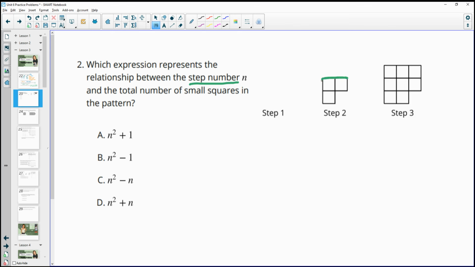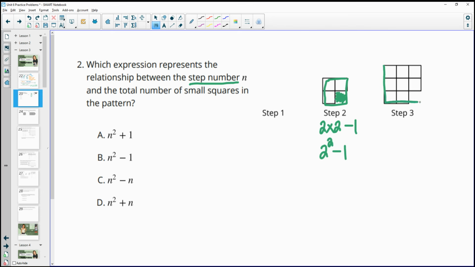But step 2, if I look at it like this, right, as a 2 by 2 square, and then we have this 1 square missing. So we really do have a 2 by 2 large square, and then we're erasing or subtracting 1 square from that, right? So we have 2 squared minus 1.